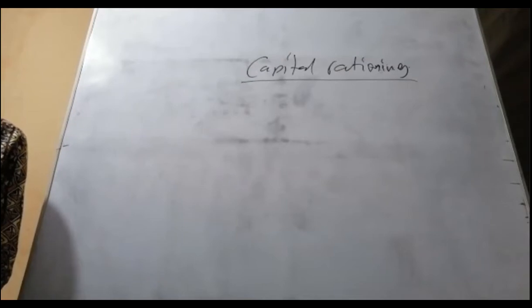So you can define capital rationing as a strategy adopted by companies or investors to limit the number of projects that they can take at a time. Why? Because there's a challenge.